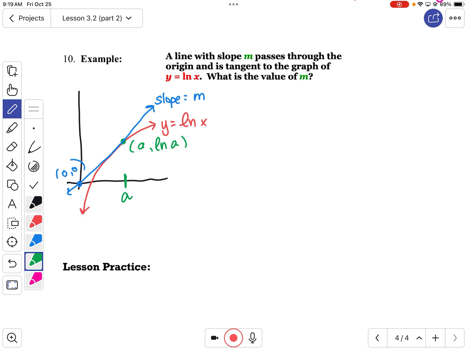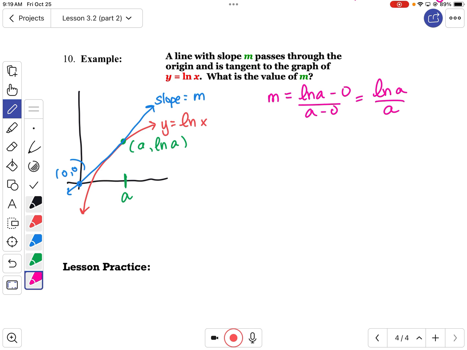I do. So, could I find the slope? Yeah, I could do it the old-fashioned way: change in y over change in x. So, ln of a minus 0 over a minus 0. My slope is ln of a over a. Does everybody agree with that? Yes.